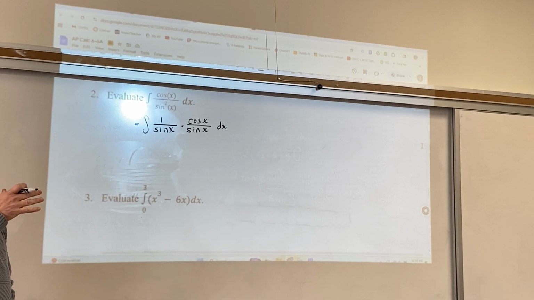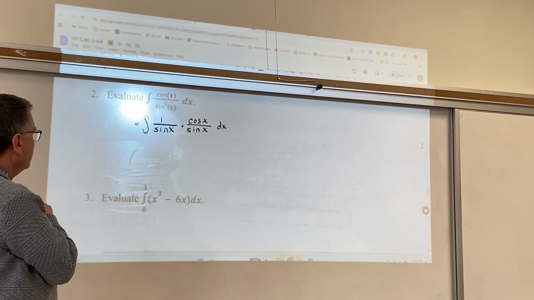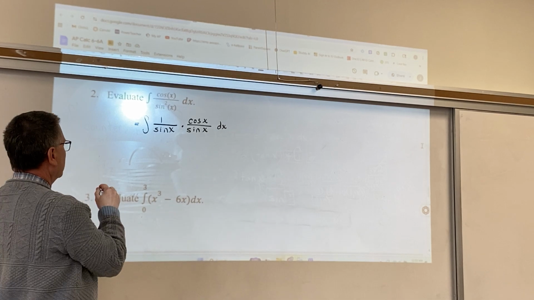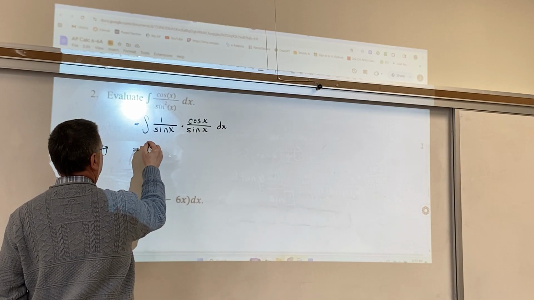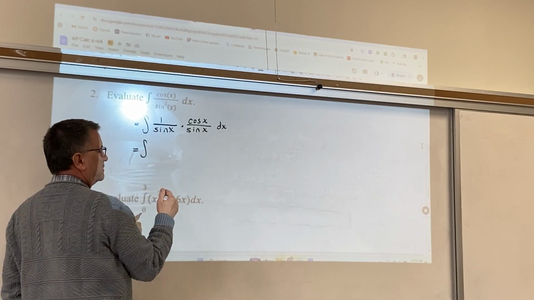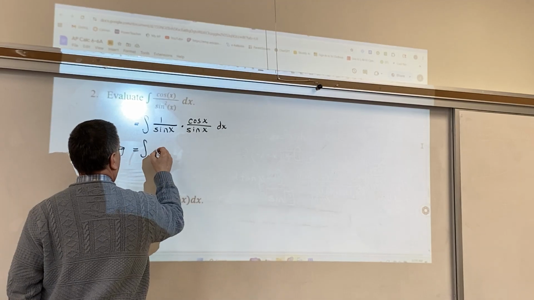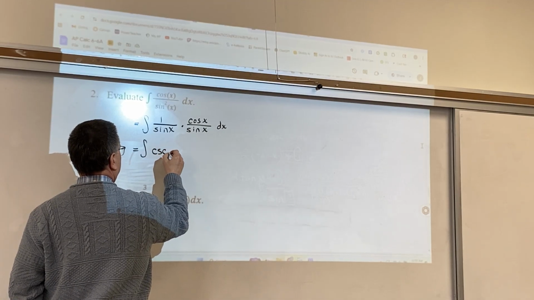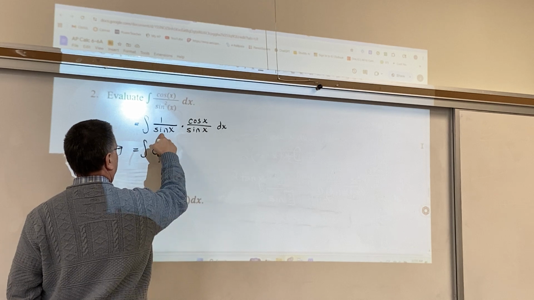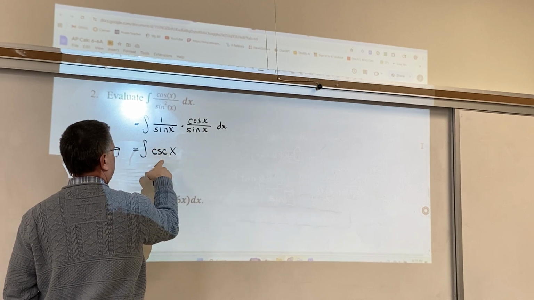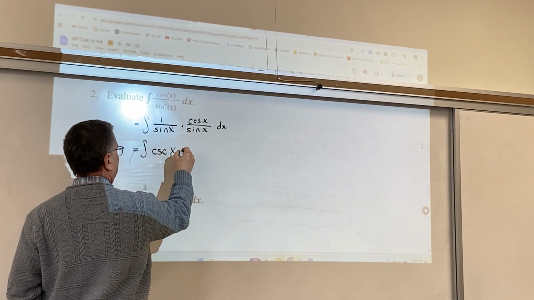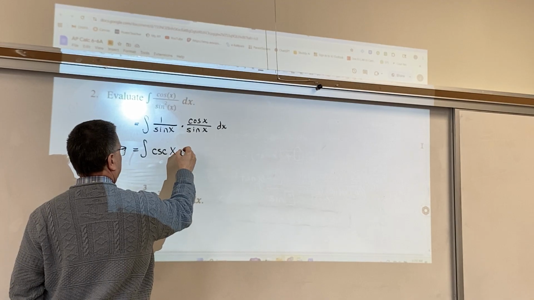Sometimes you gotta play with this stuff, a lot more so with integrals than you do derivatives. If I break that up, let's see what I've got. Well, what I've got is the antiderivative formula. See, that becomes this. 1 over sine is just cosecant, cosine over sine is cotangent.